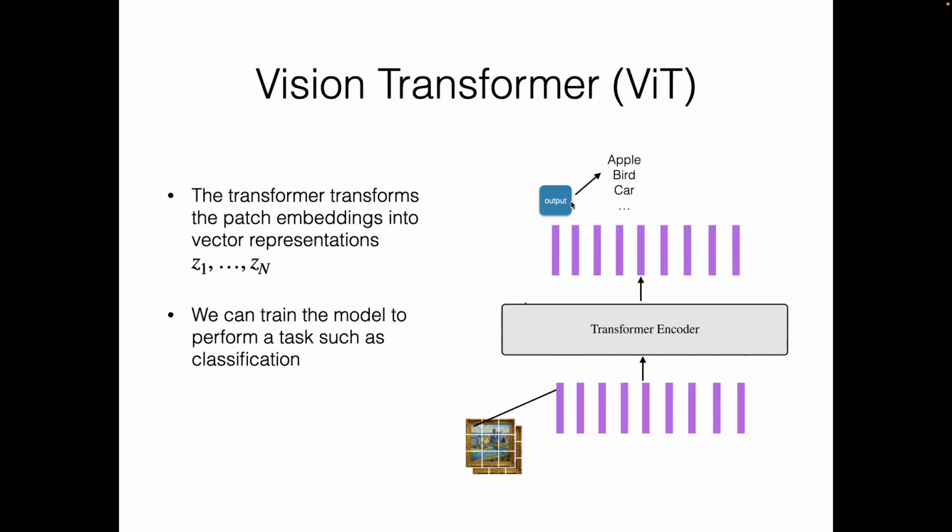Let's say you want to do classification, then just like we do for text, you can attach this kind of output head, and then have your list of classes, and then you could fine tune the model with, say, cross entropy loss. So again, here your data would be pairs of image and class label, and then you could fine tune this architecture using basically the same techniques that we saw for text.